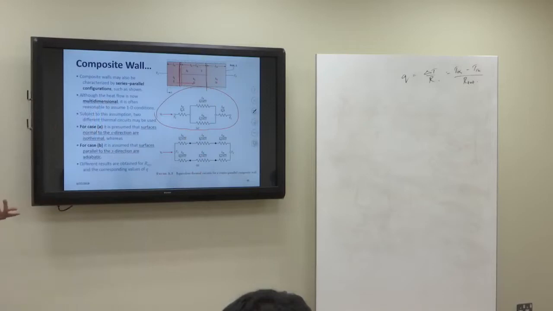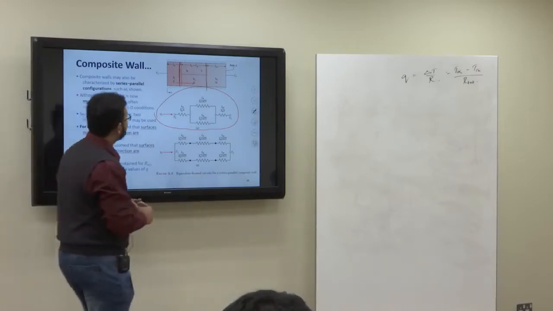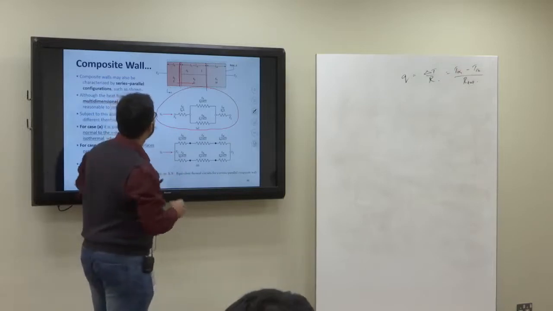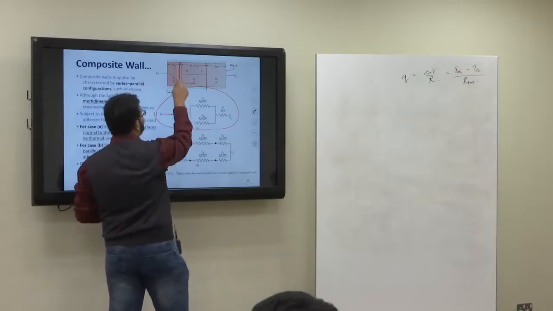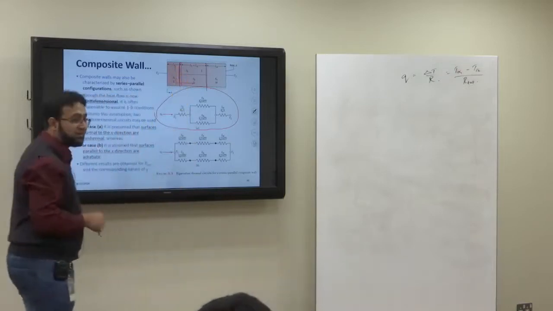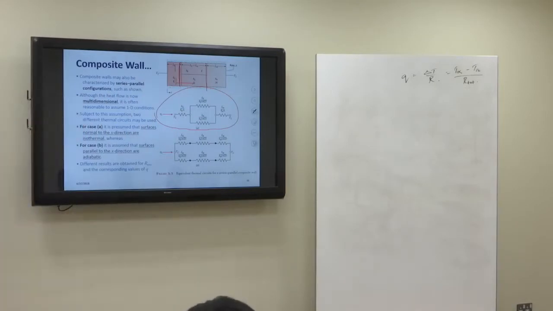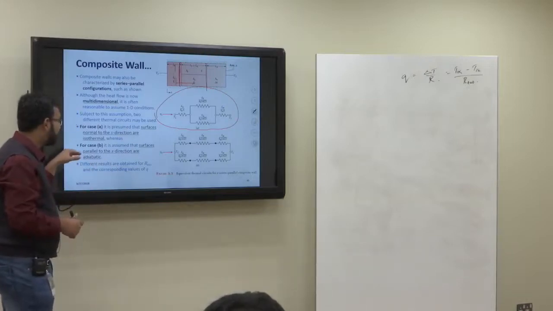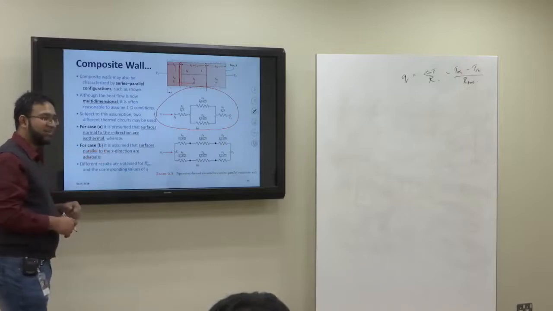But if you think that no, it's not possible that all vertical surfaces have the same temperature, maybe the temperature at the top side is a little different than the temperature at the bottom side, then you cannot solve it as a single one-dimensional problem, because then there is a possibility that the heat flows up and down as well. Then you make another assumption. You say, okay, surfaces parallel to the x direction are adiabatic.